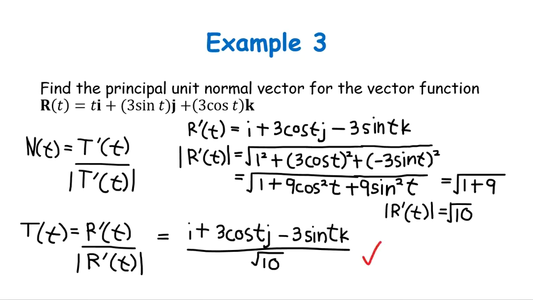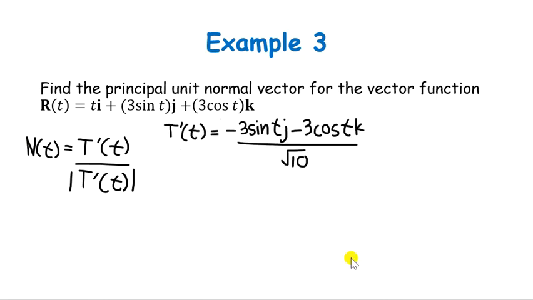As we already have the tangent, now we can move on to find the derivative of T, so that we can find the principal unit normal vector. By finding the derivative of our tangent, we will get negative 3 sin t j minus 3 cos t k divided by the square root of 10.